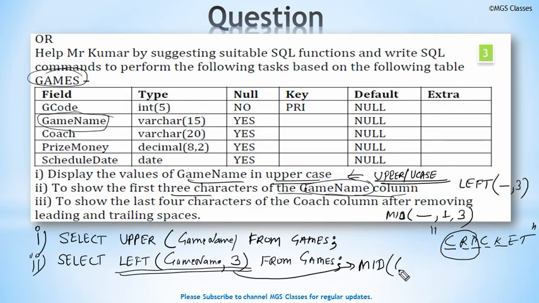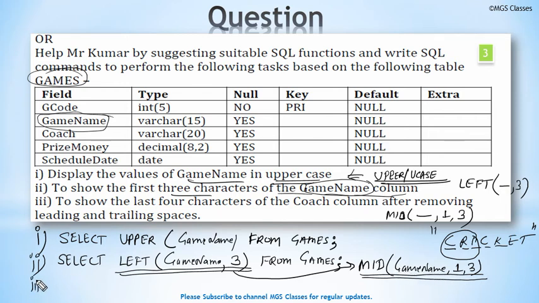So for MID you write game name, and then the starting position is 1 and up to 3 characters you want. So in place of LEFT you can write it like this also, and the rest of the things remain unchanged. So either you can write like this, or like this.